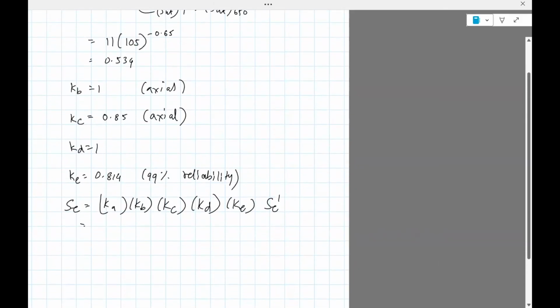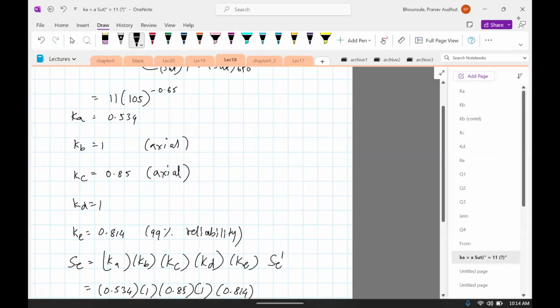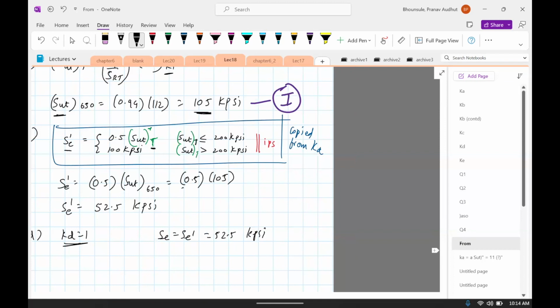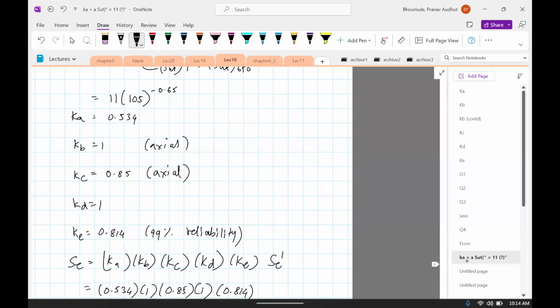Ka is 0.534, Kb is 1, Kc is 0.85, Kd is 1, Ke is 0.814, and for Se prime we will use the calculation we did for Se at the temperature of 650, which is 52.5.